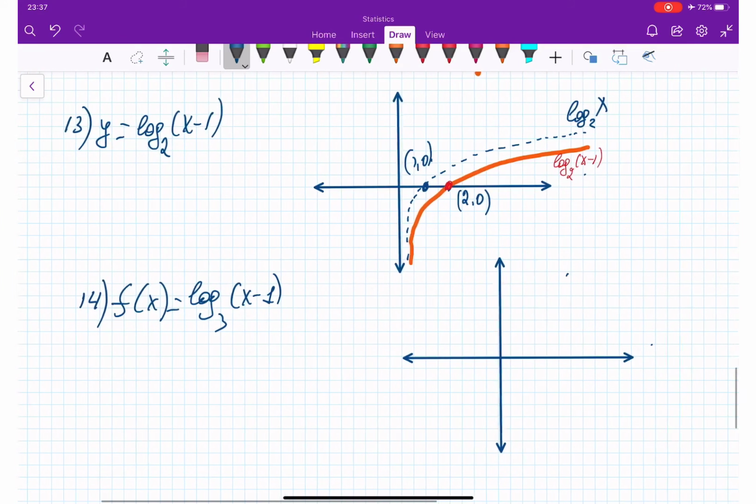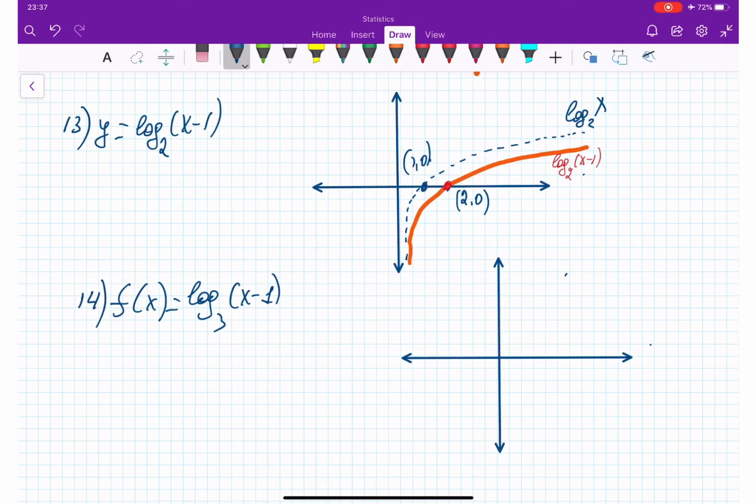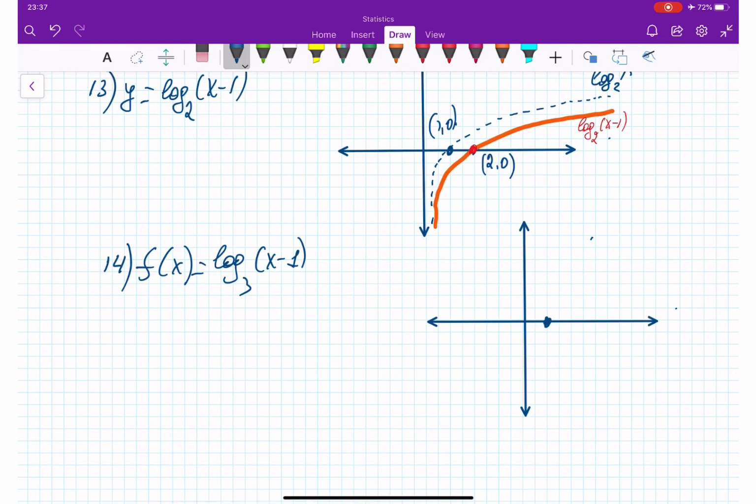All right. So logarithm x by base 3. Let me build it by points. We are taking 1, which is going to be 0. We are taking 3, it's going to be 1. We are taking 1/3, it's going to be -1. Yes?